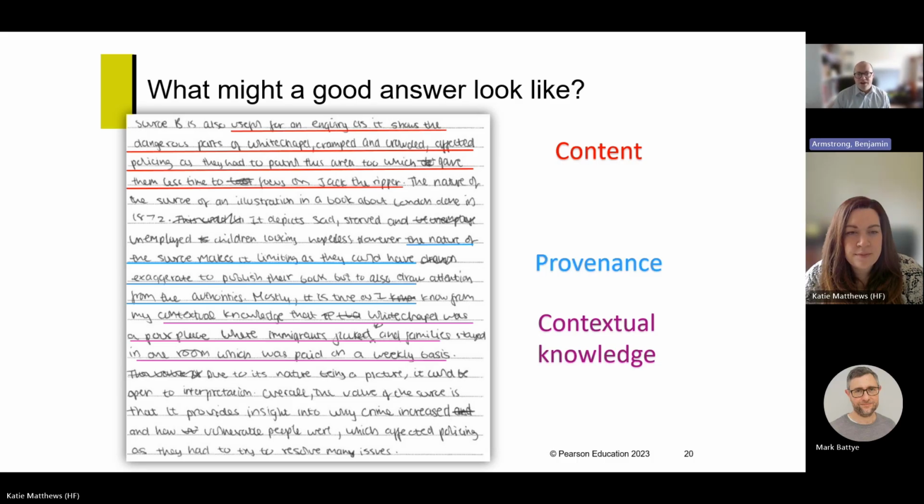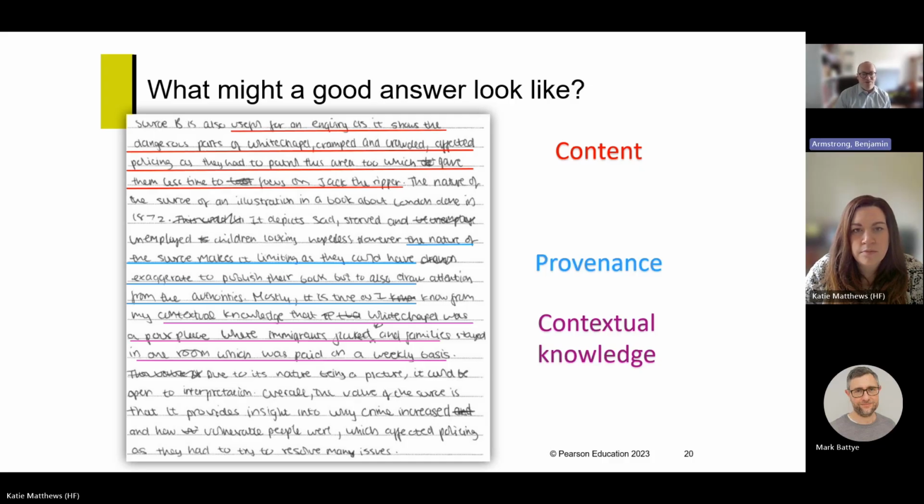But what they've done here is they've looked at what the source is showing, which is a cramped and crowded area called Whitechapel. But they've not just described it, they've said why that's useful. The question was about how this affected policing. And so they've linked the content to how that would answer the question about policing in Whitechapel.